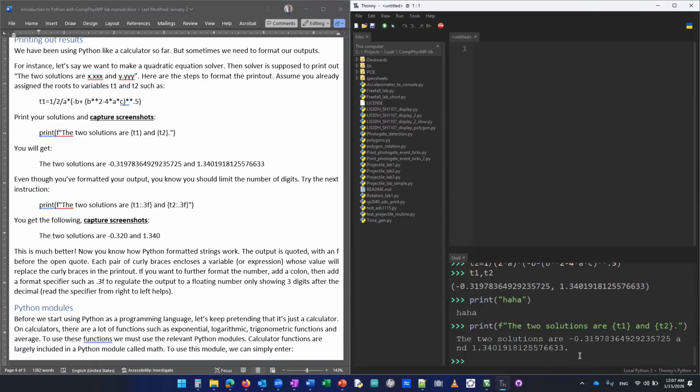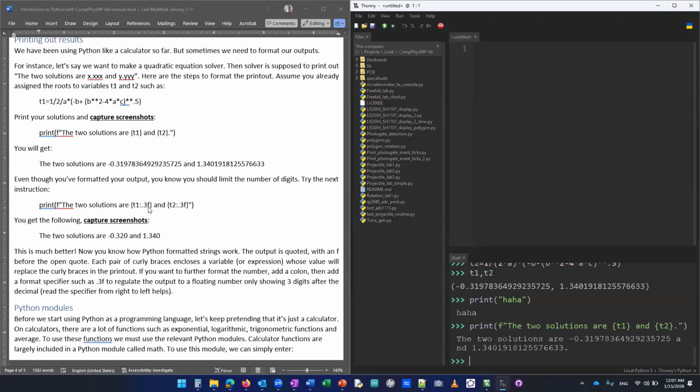We want something shorter, right? Something that's maybe 3 digits after the decimal. That should be good enough, right? So how do we do that? Well, here is the formatting. We do T1, that's for sure, but we also want to indicate the formatting with a colon and then dot 3F.